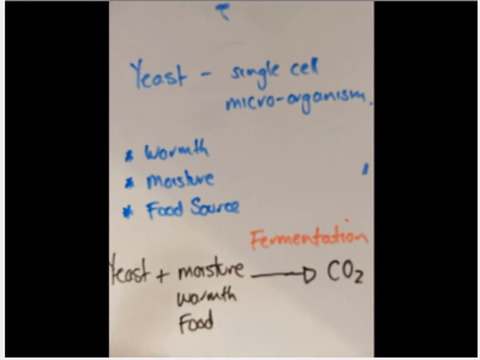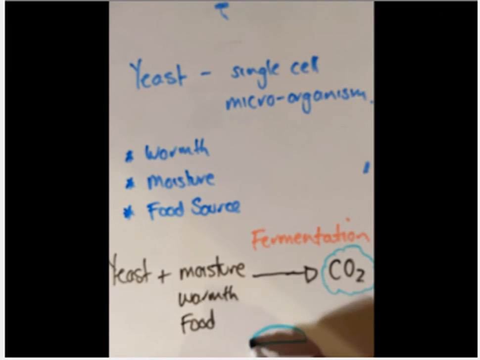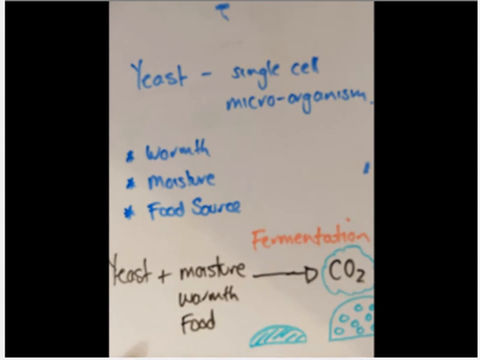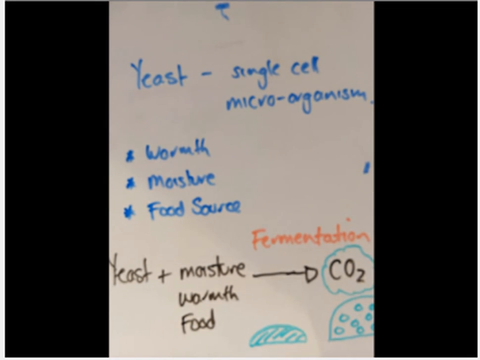But it's this gas, the CO2, which is little bubbles in the bread. So your bread goes from something that looks like this, just a lump of pure bread, to something that looks like this, that is full of air bubbles. Okay, and those air bubbles are the CO2. So the yeast is playing a really important role through the process of fermentation here. So just remember, when we have yeast plus our conditions, we have the process of fermentation and we get the gas CO2.